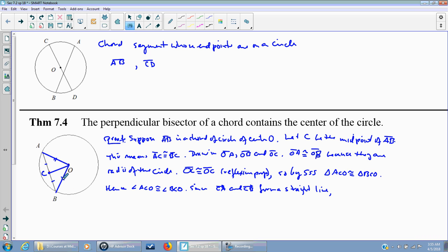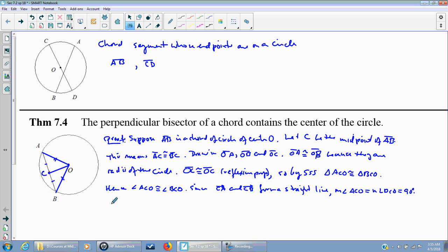ACB is a straight line, so it's 180 degrees. Then the measure of angle ACO and the measure of angle BCO have to be 90 degrees. They're equal and they have to add up to 180 degrees.